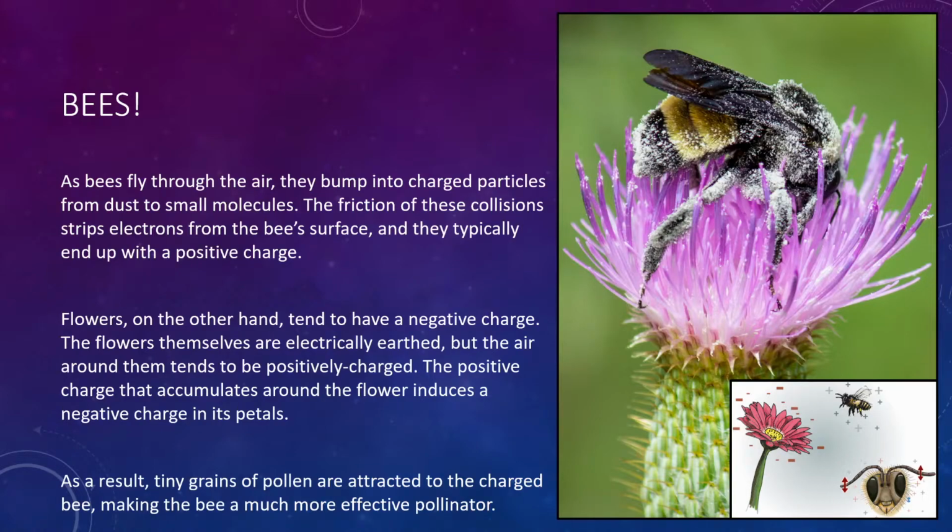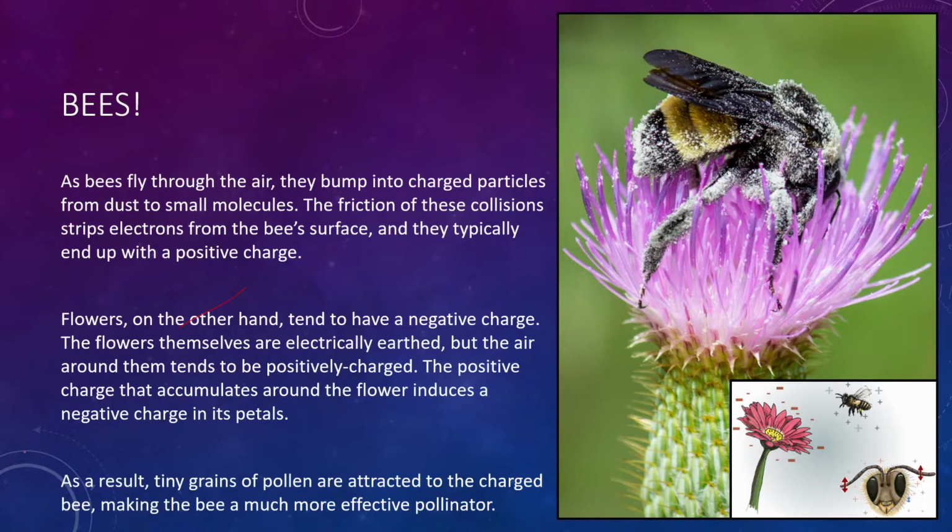And a bee flying through the air is going to bump into charged particles, and basically the friction of them bumping into those charges is going to strip away electrons from their surface. And so they end up with positive charges as well. On the other hand, flowers, because of the positively charged air, tend to have a negative charge.